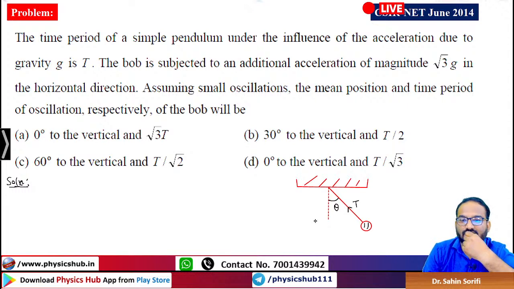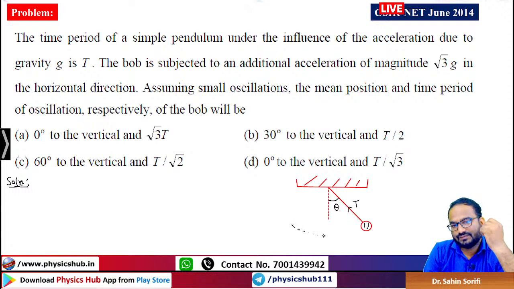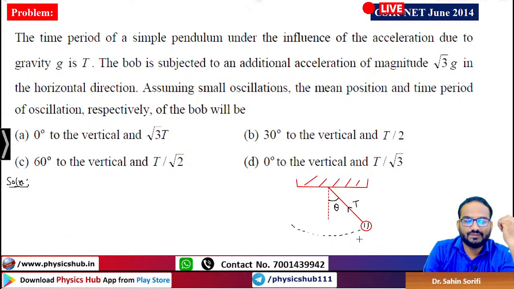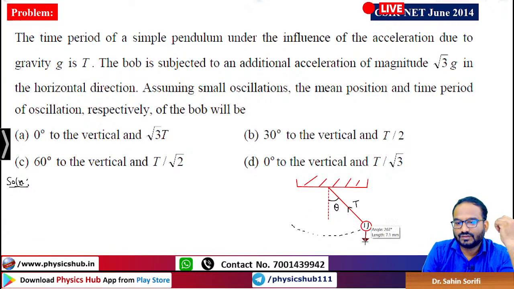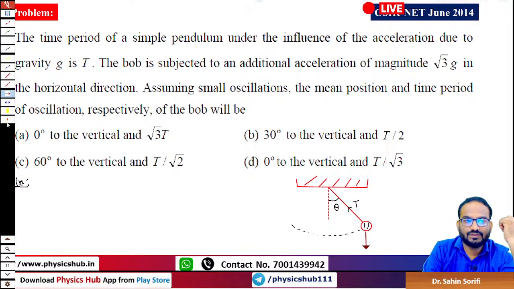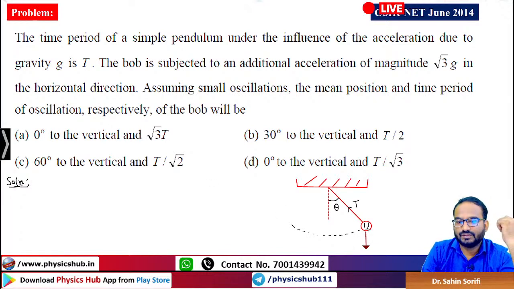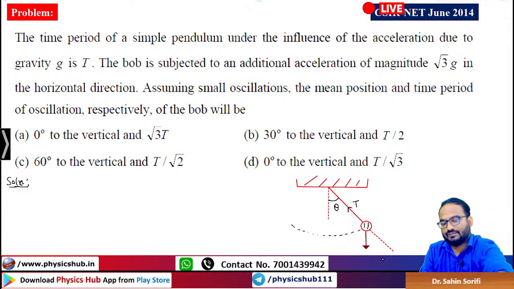And the time period under this configuration, the bob will be oscillating like this. There will be acceleration due to gravity, which is acting downward every time. Let's say this is the extended part.